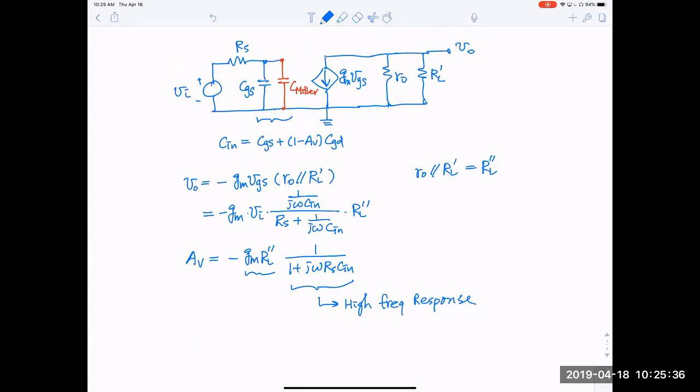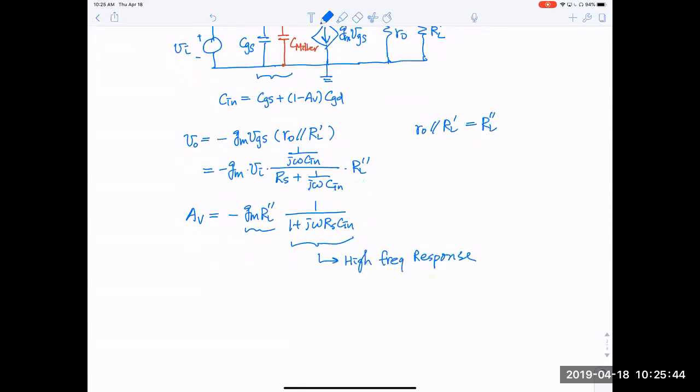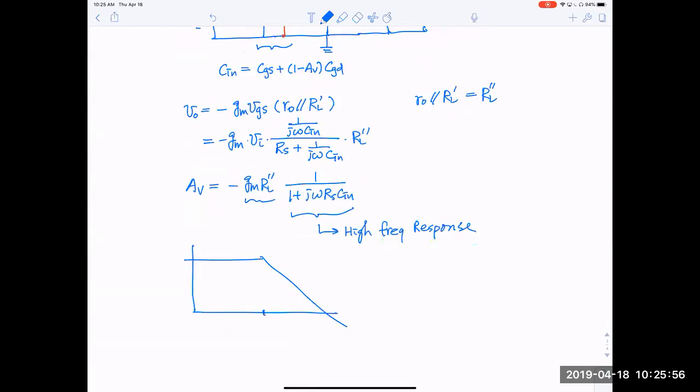It's almost trivial after we substituted the Miller capacitance. So this is a low pass filter. You know the frequency response is something like this. If we draw the Bode plot, this will be my high cutoff frequency, with 20 log AV on this axis and omega here. It's a single pole response.